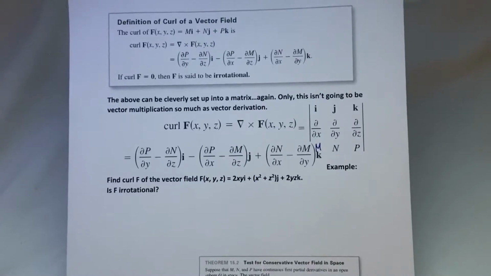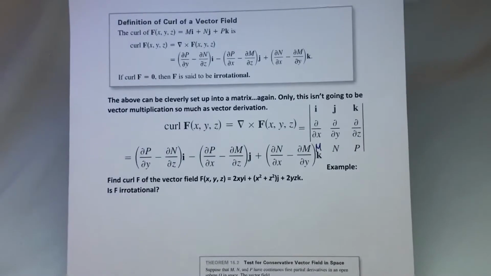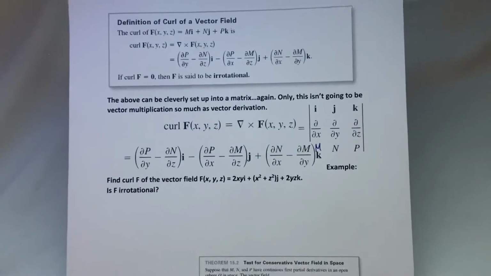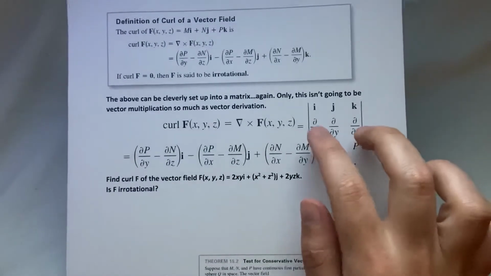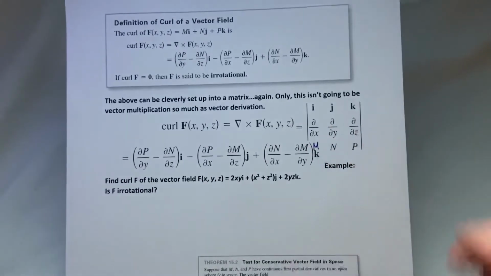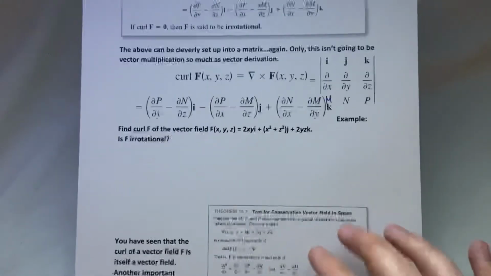So if you're asked whether something's irrotational, it's basically like being asked if it's conservative on steroids, because not only do the partials for x and y need to match up, the combo partials for x, y, and z also have to match up.